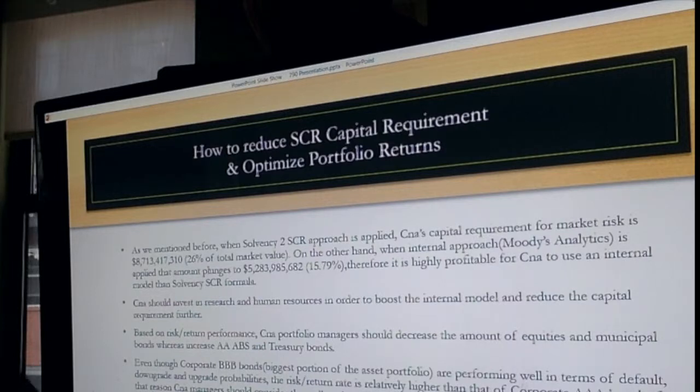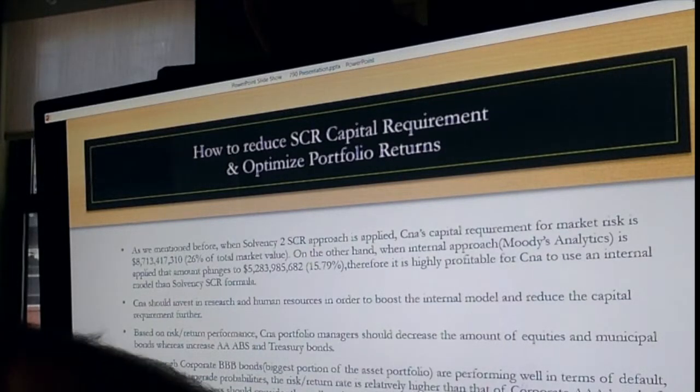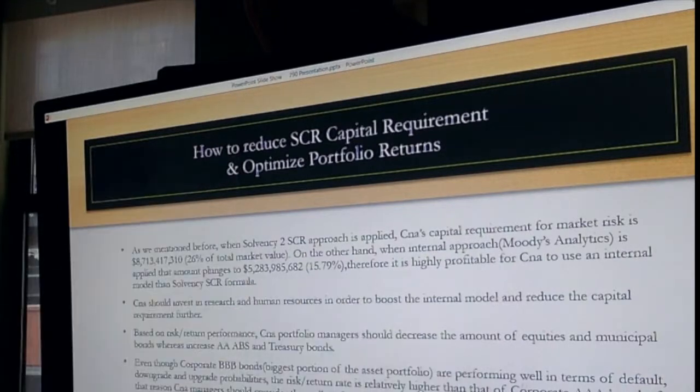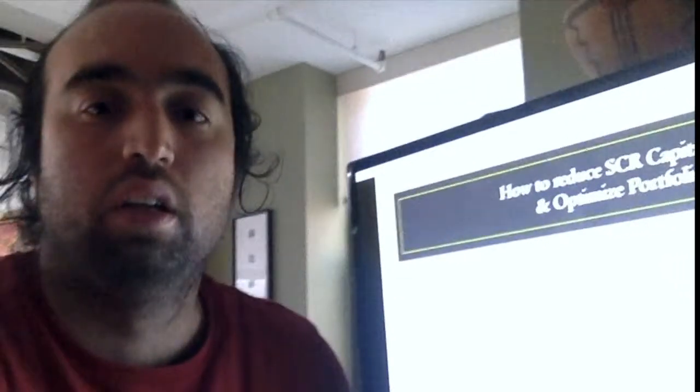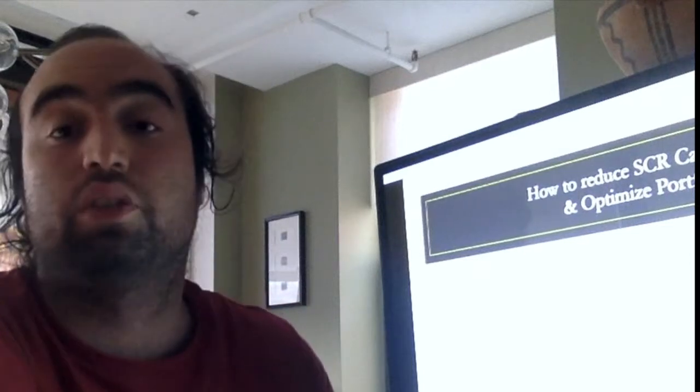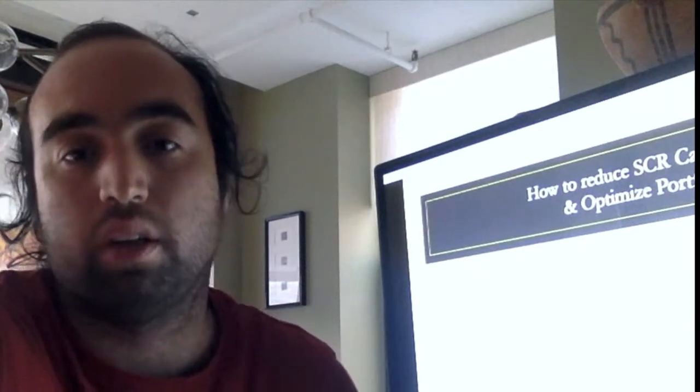So, it's the last suggestions, the optimization. Let's talk about the portfolio optimization. We actually mentioned them, right? The internal model, first of all, decreases the required capital amount.